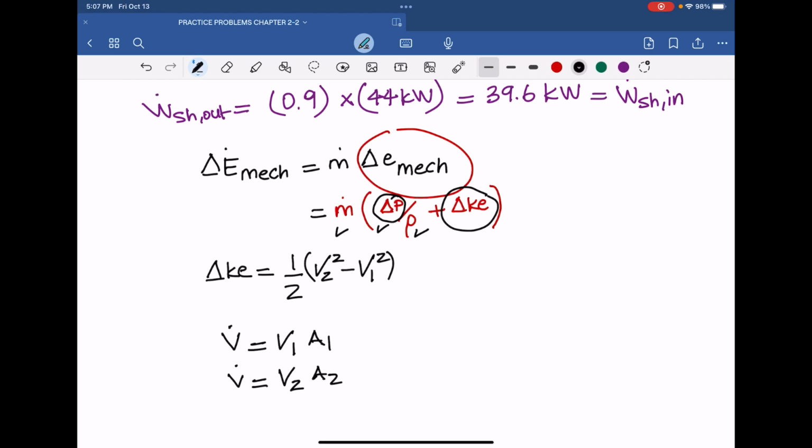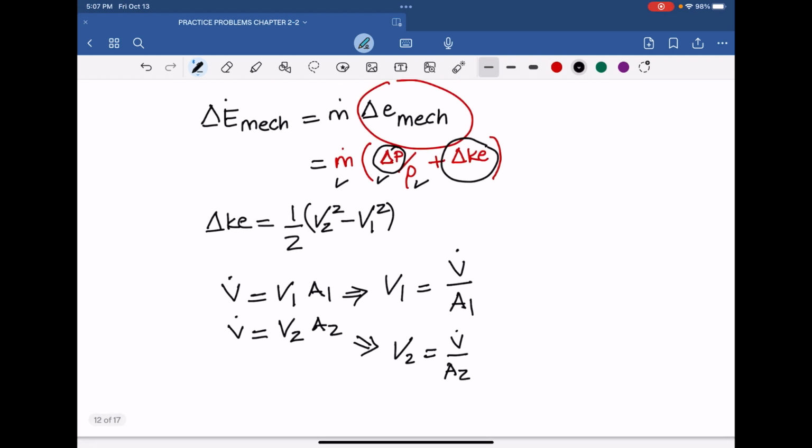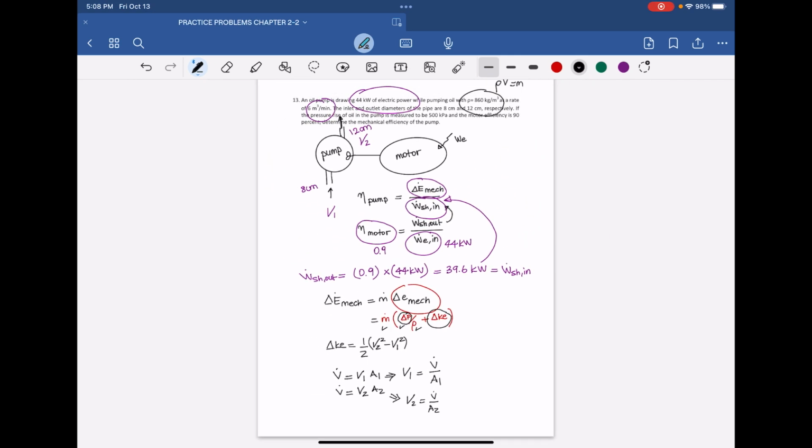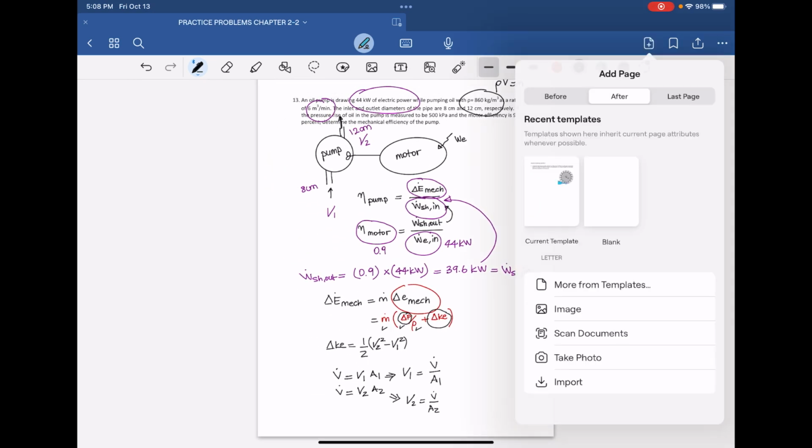But the idea here is we can actually solve them to find the velocity at the inlet and the exit. And let's do that. But I need to add a page here.